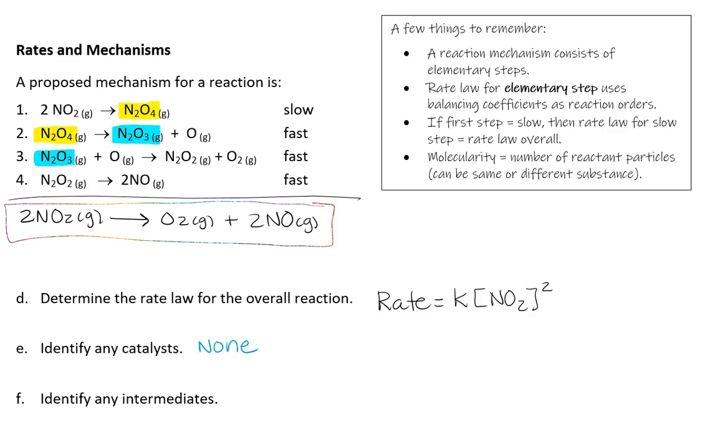N2O3, same idea. First as a product, then as a reactant. Oxygen, product first, then reactant. And N2O2. So there are 4 intermediates in this reaction mechanism: N2O4, N2O3, oxygen, and N2O2.